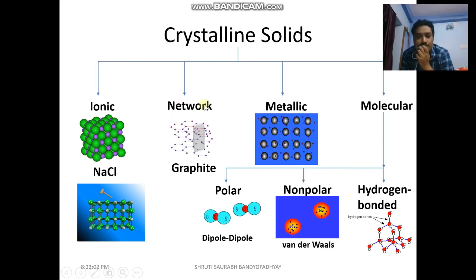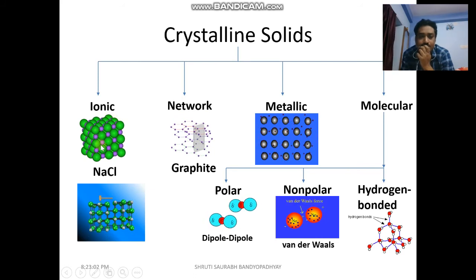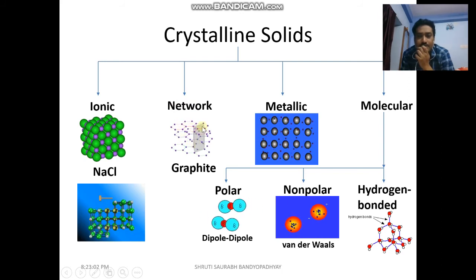The next one is network solid. Like ionic bonds are involved in ionic solids, covalent bonds create covalent solids or network solids, sometimes called giant solids also. An example is graphite, which is an allotrope of carbon.